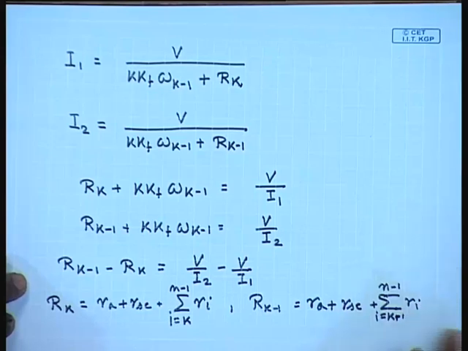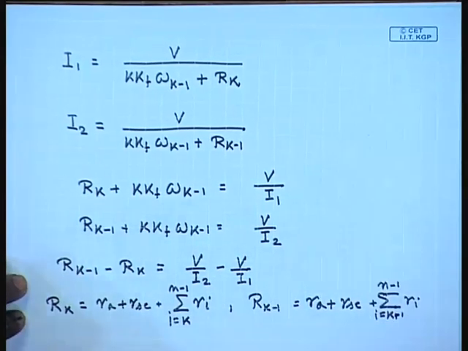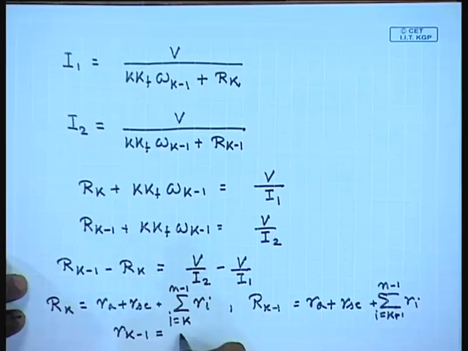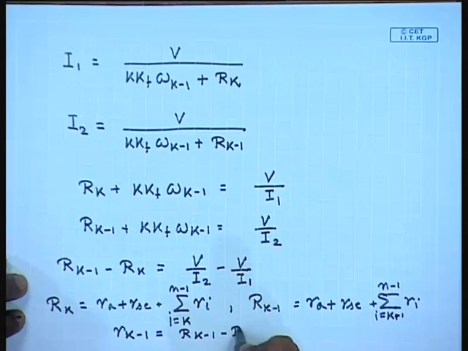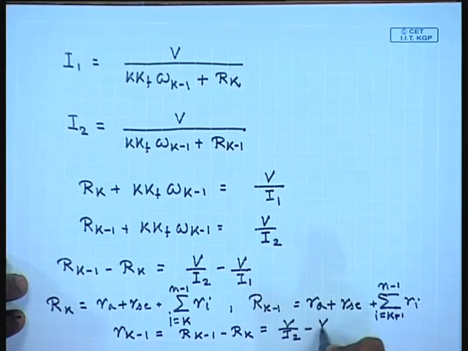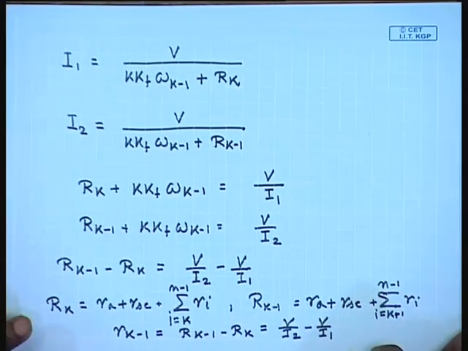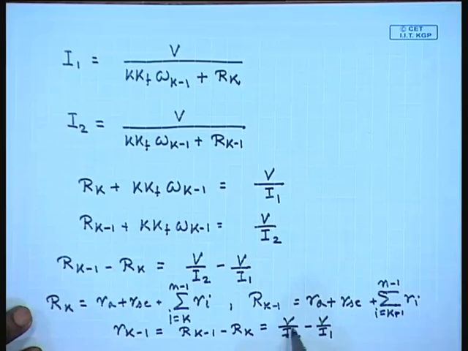So, small r of k minus 1 equal to R k minus 1 minus Rk equal to V divided by I2 minus V divided by I1. So, each of these resistances are equal and of the magnitude V divided by I2 minus V divided by I1.